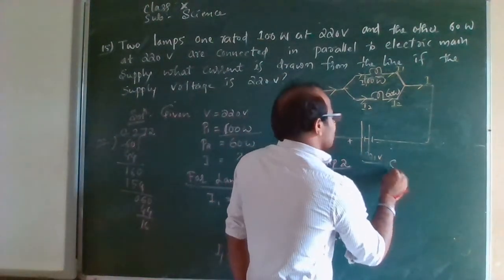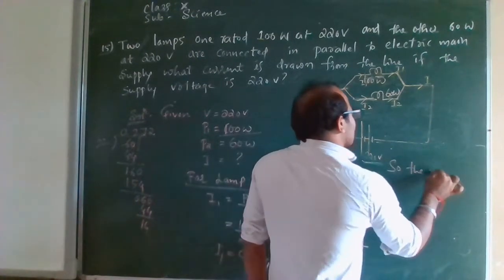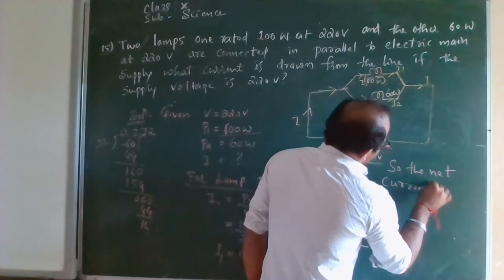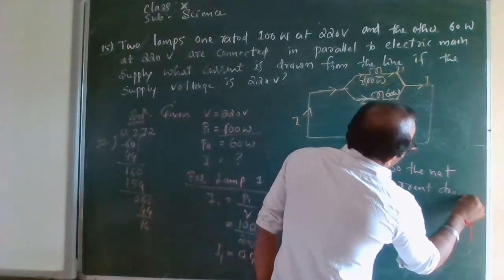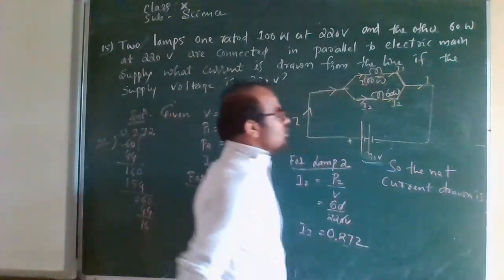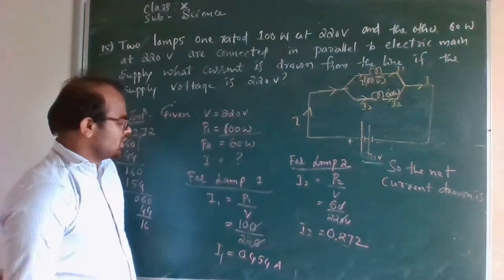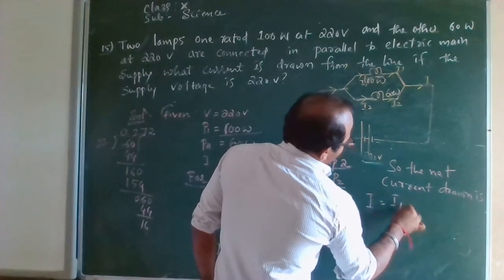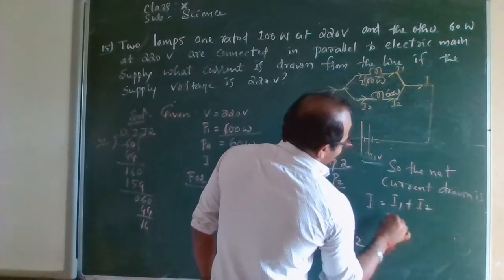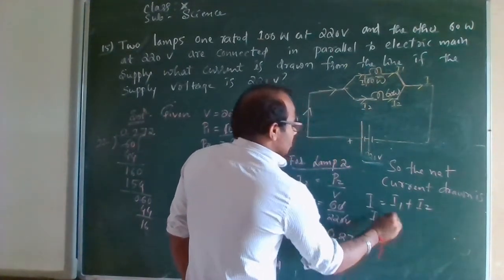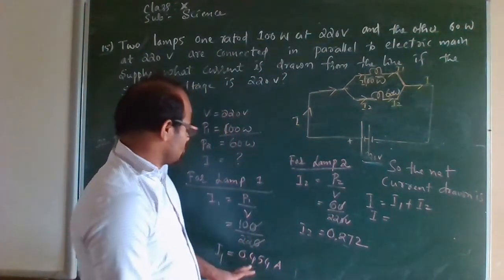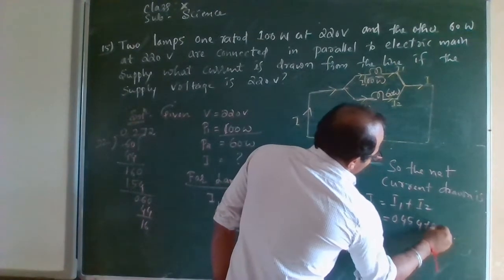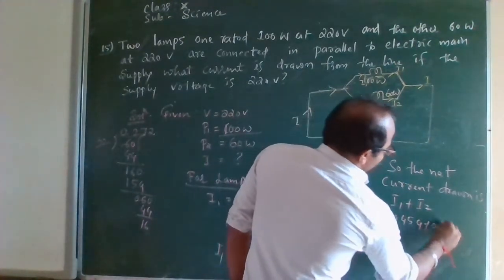So the net current drawn is, yes, the net current. What is the total net current? I is equal to I1 plus I2. So that is 0.454 plus 0.272.